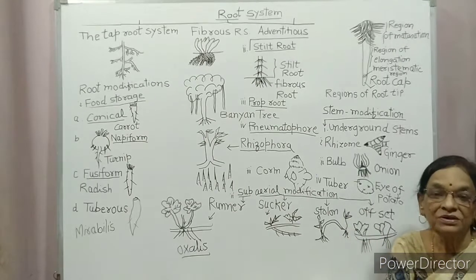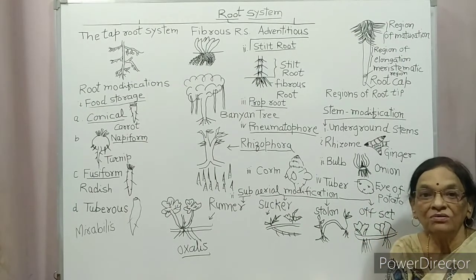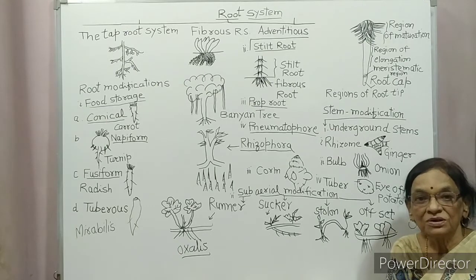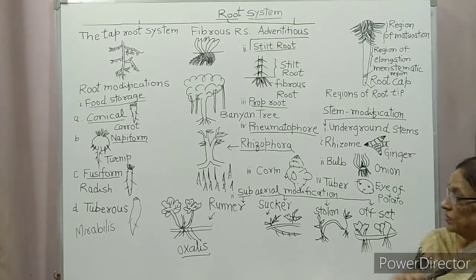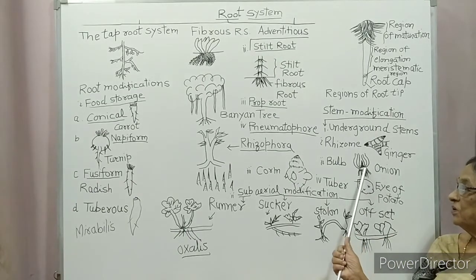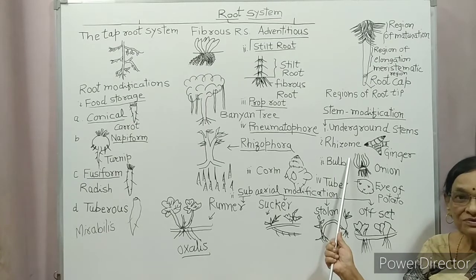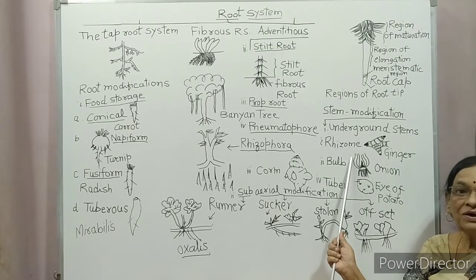Leaves are white because they have no chlorophyll as they grow underground. So bulb is modification of the stem. Here rhizome is the modification of stem, and this white structure is modified leaves.